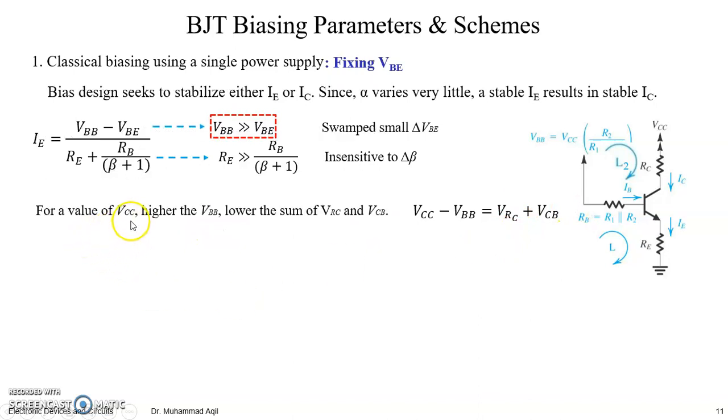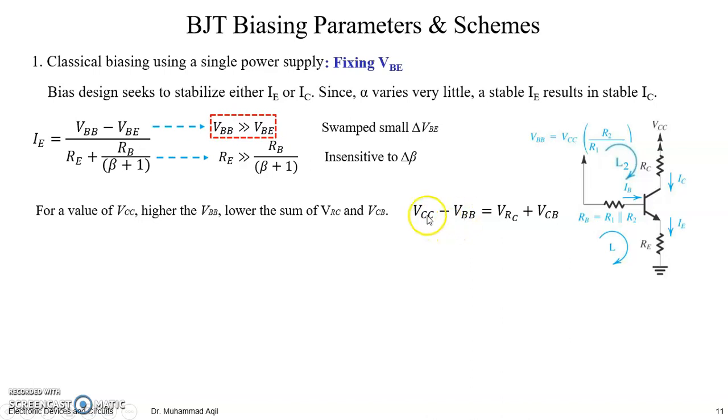For a given value of VCC, if we increase VBB, this constraint said that VBB should be much higher than VBE. So how much higher? If we take VBB high for a particular value of VCC, then this difference will be very small.